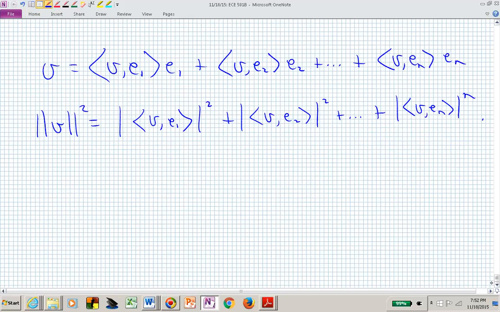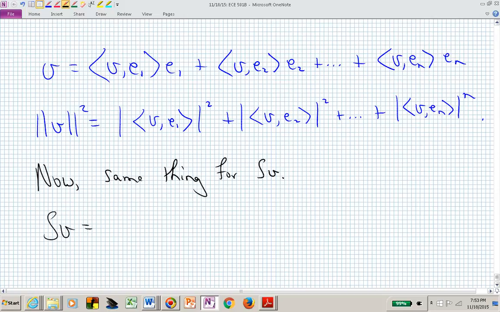Let's now look at what we have if we look at the norm of SV. Again, we've now decomposed V in terms of the inner product of V with all the orthonormal basis vectors E. Those inner products are just scalars, so we can have the inner product of V with E1 slid out in front of SE1.